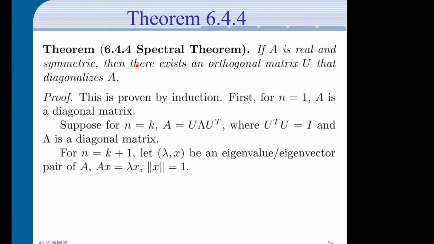The spectral theorem has many versions. Here we prove the simplest version, and we prove this only for real symmetric matrices. If you study more advanced algebra, it talks about what things can be diagonalized by an orthogonal or unitary matrix.